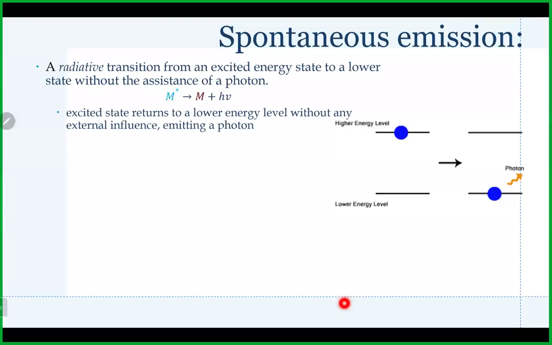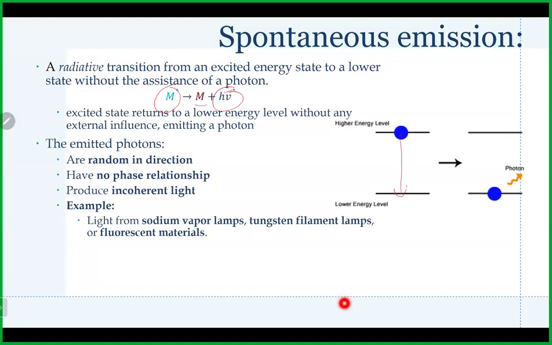Spontaneous emission, on the other hand: your molecule is in the excited state, but it goes back to the ground state. Because it is going back to the ground state, it emits energy. Everything has to be balanced. However, there is nothing causing it to emit, so that's why we say it is spontaneous.